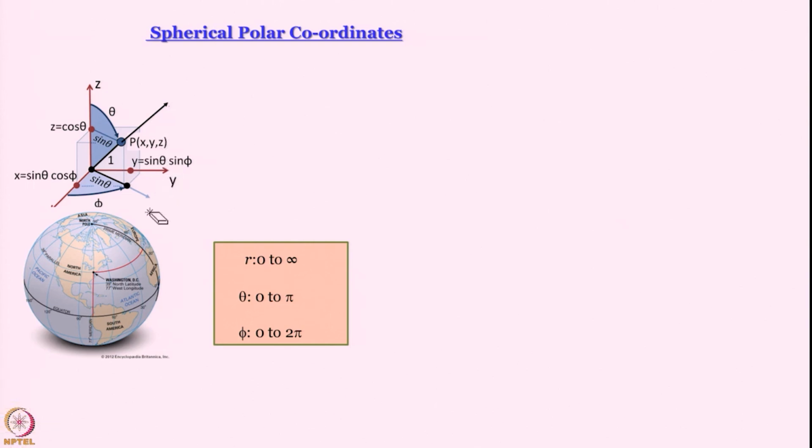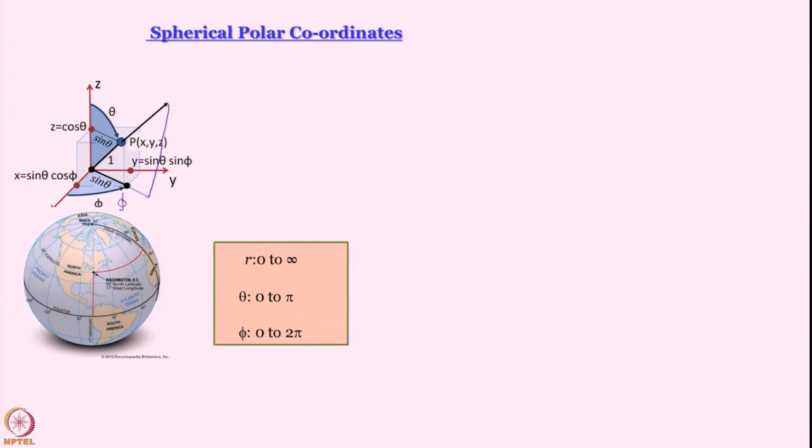Actually it makes sense for me to join the two tips of the arrow. If you drop a perpendicular from the tip of this arrow to the xy plane, then this arrow that we now get in the xy plane is the projection of the position vector that we are working with originally. The angle between the x axis and the projection vector is called phi. It is almost hidden by the globe unfortunately, so I will write again. This is called phi.